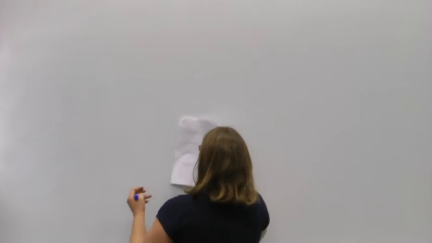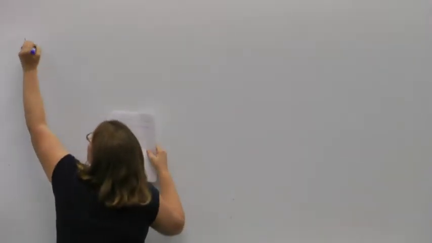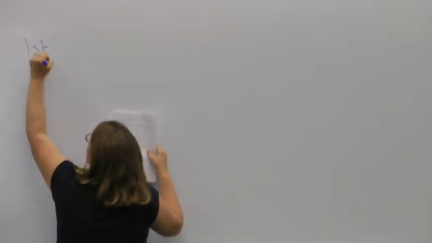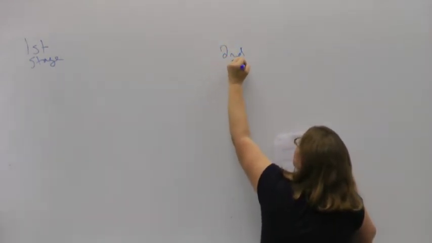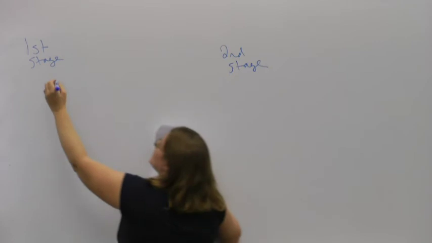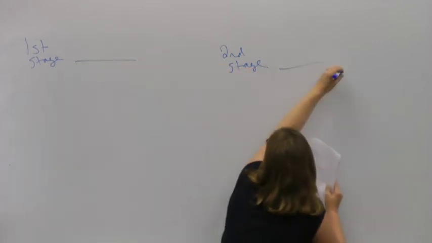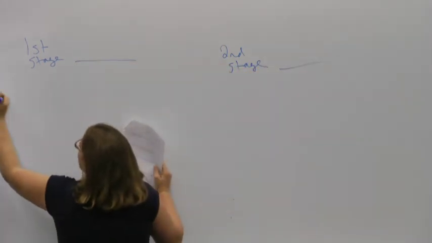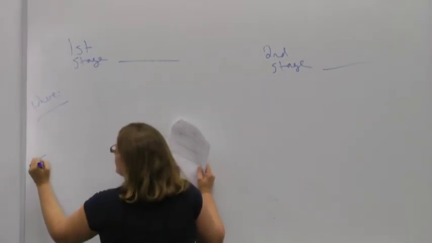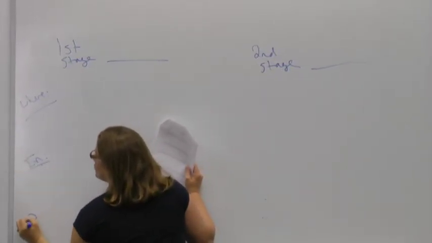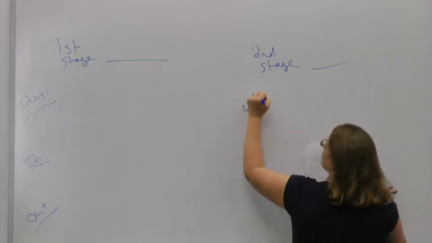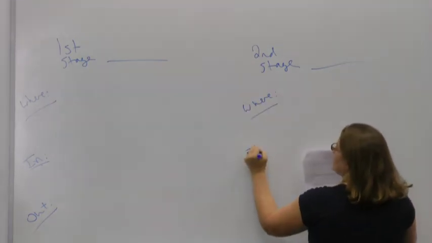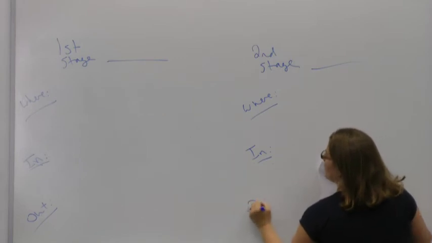First stage, second stage. Where does it happen? What goes in? What goes out?